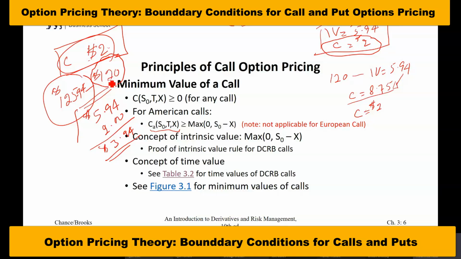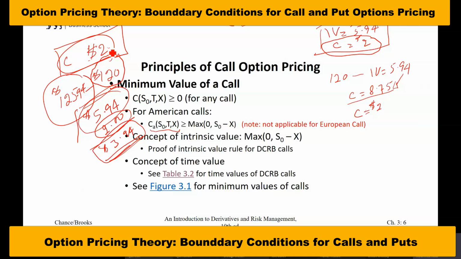I pay 120 to the call writer, and he delivers me the share, which I sell in the market for 125.94, making a gain of 5.94. Deducting the cost of the call, I still get 3.94.